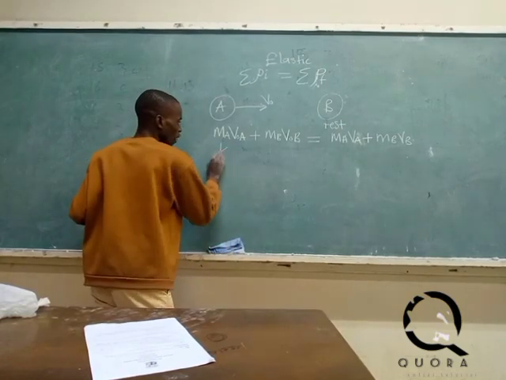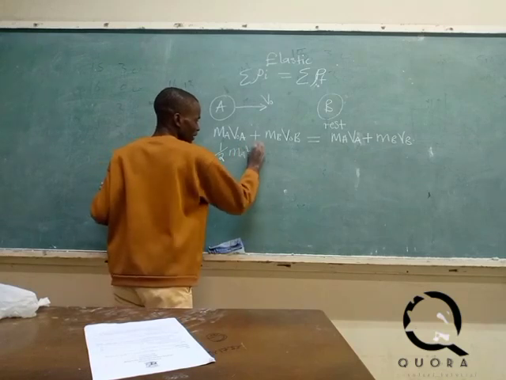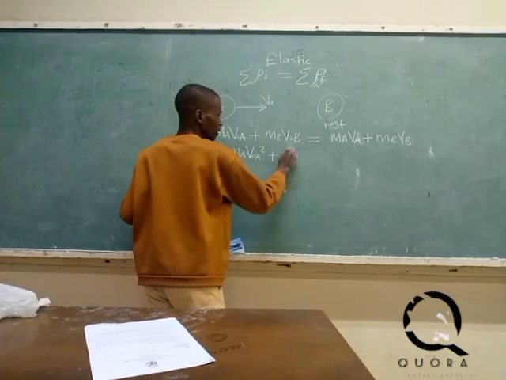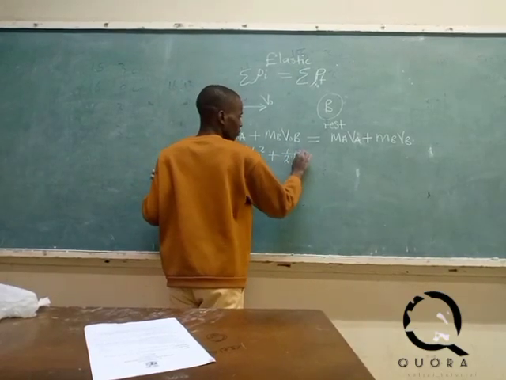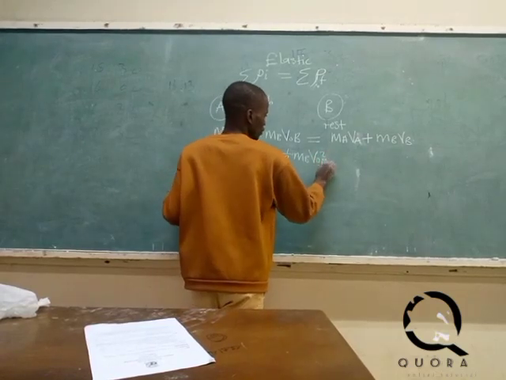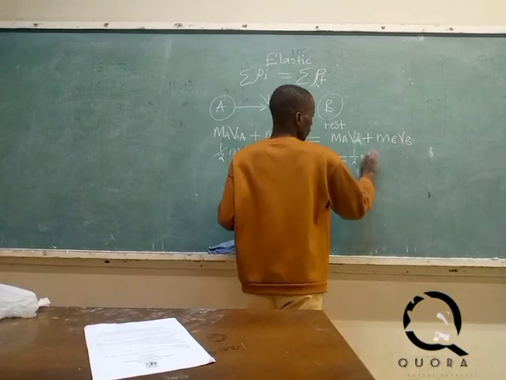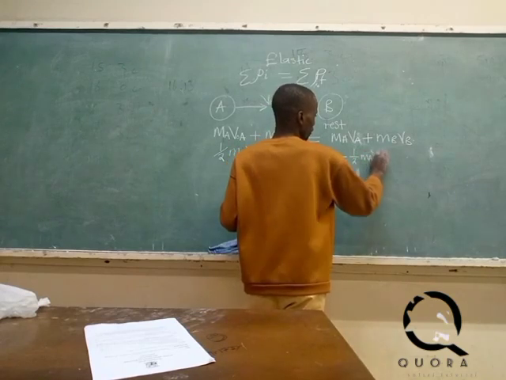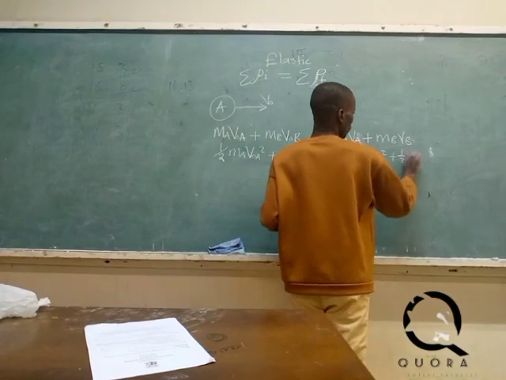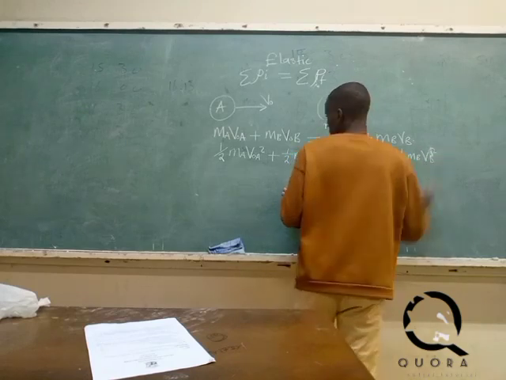We are going to have 1 over 2 mass A multiplied by the initial velocity of A squared, plus 1 over 2 mass of B multiplied by its initial velocity squared. This has to give us 1 over 2 mass of A multiplied by its final velocity squared, plus 1 over 2 mass of B multiplied by the final velocity of B squared.